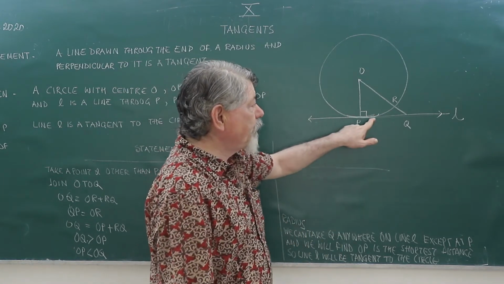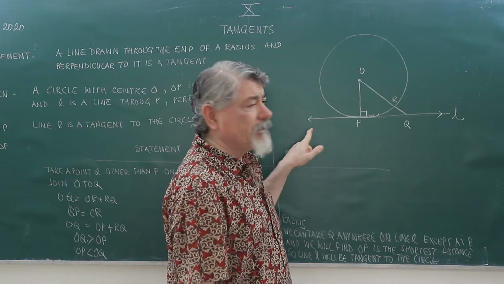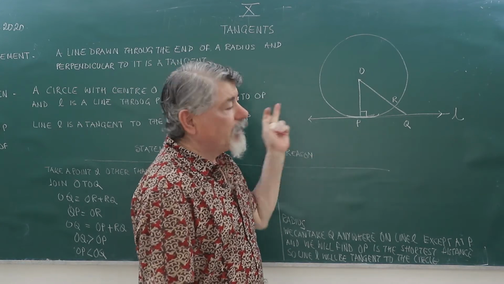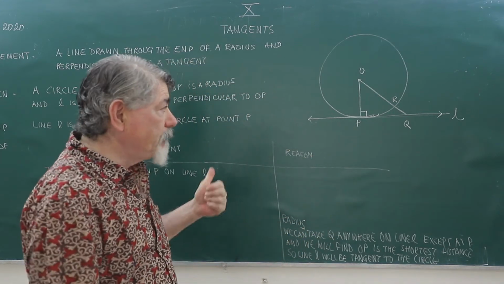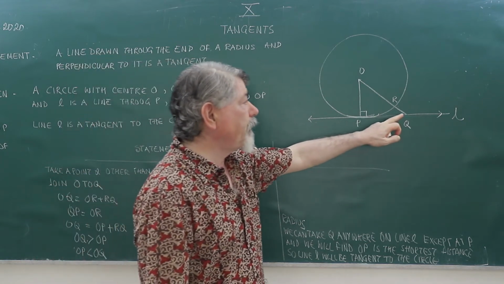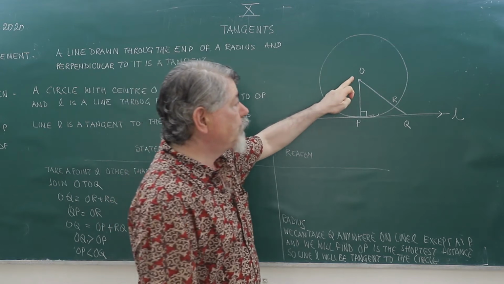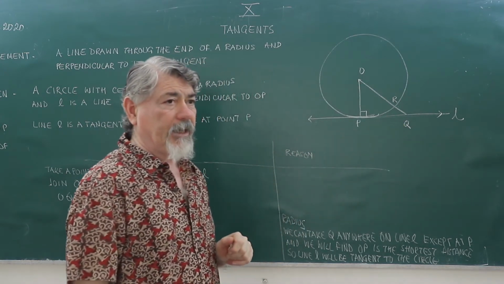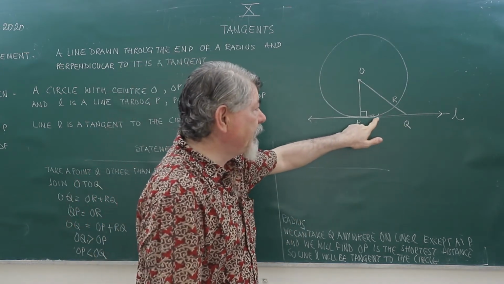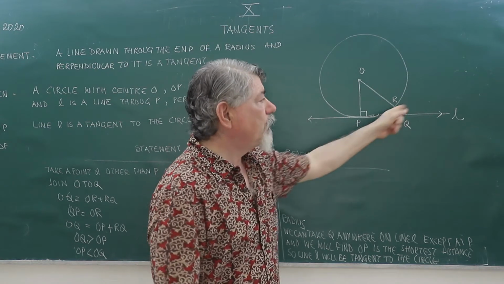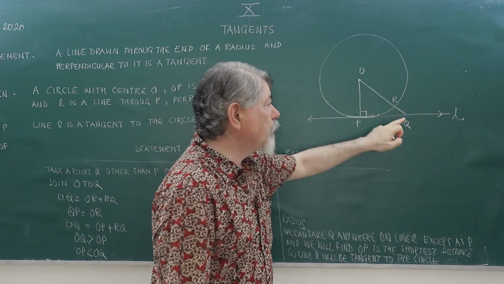If I take any point anywhere else on this line L, it will be outside the circle. It can't be on the circle. I have joined O to Q.